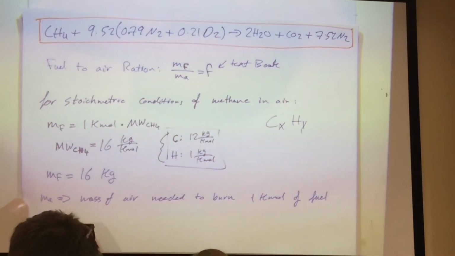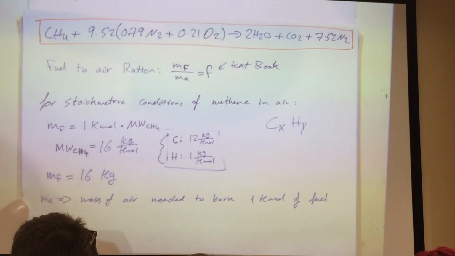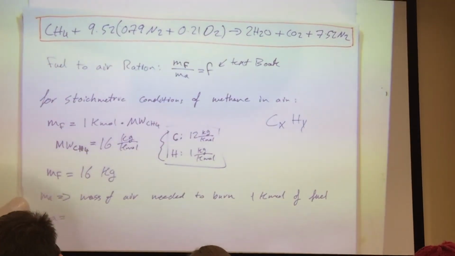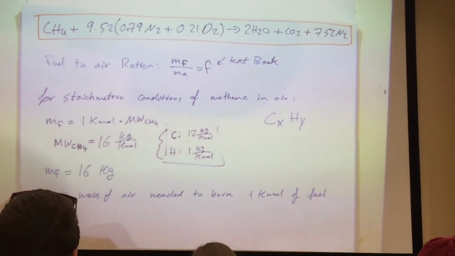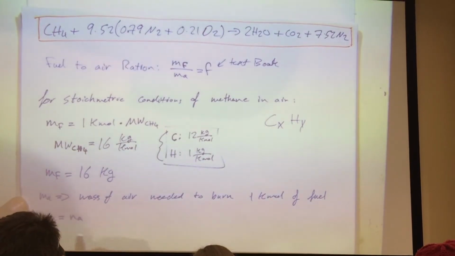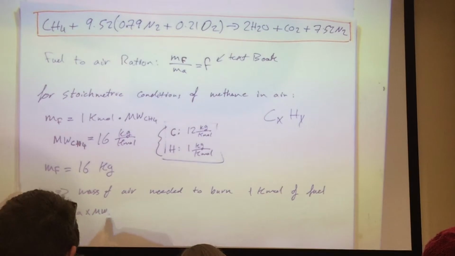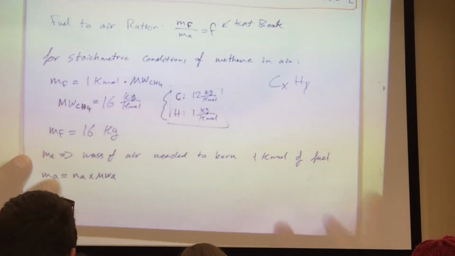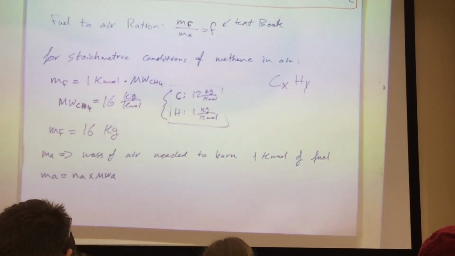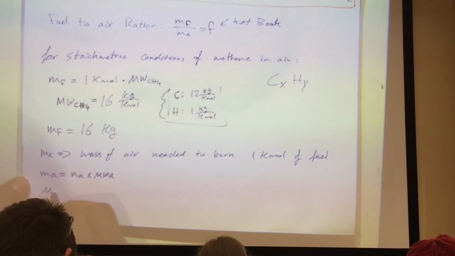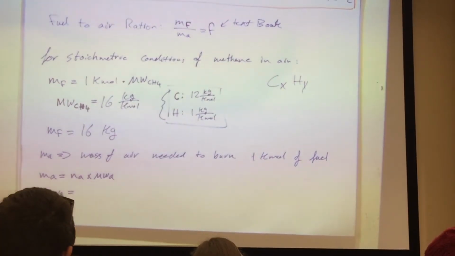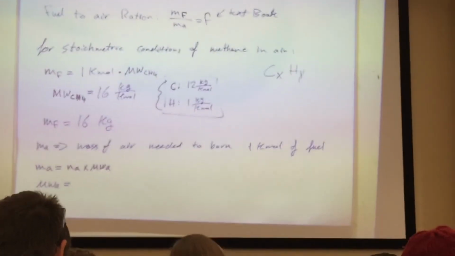So MA is going to equal my number of moles of air multiplied by the molecular weight of air. Now, air. Let's do the molar mass of air. How do I get the molar mass of air?